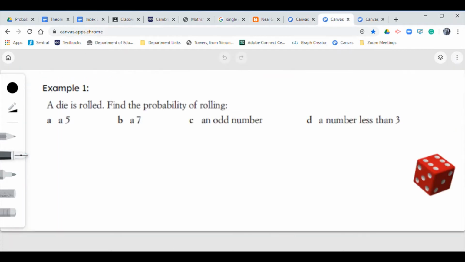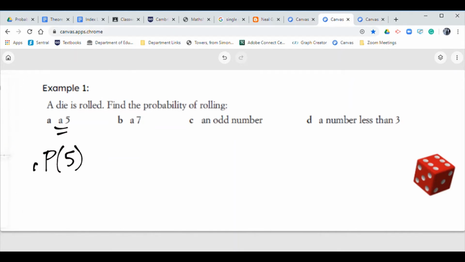For my first example, we're going to find or represent the probability of rolling different situations. Our first situation, A: what is the probability of rolling a 5? The first thing we write is P(5), because we're trying to figure out the probability of getting a 5. Next we represent that as a fraction.